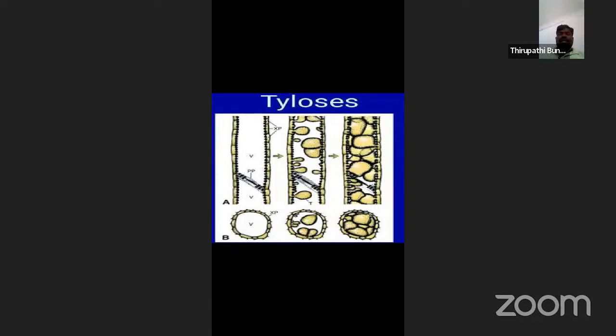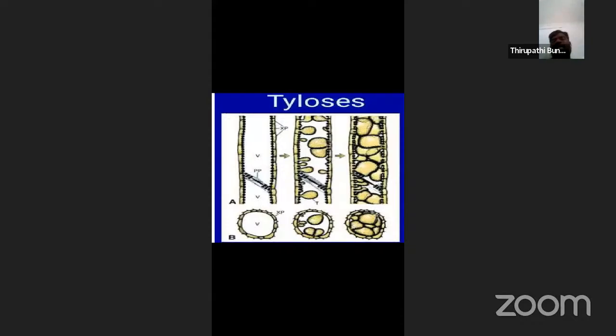Okay, see vessels 1, 2, 3. All these are vessels. The first vessel shows no tylosis.